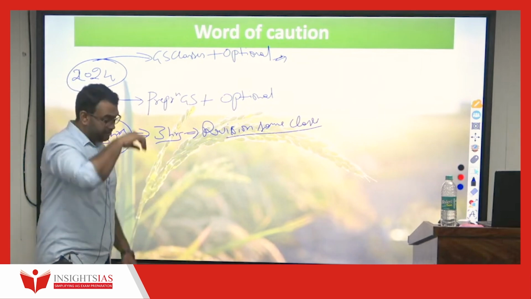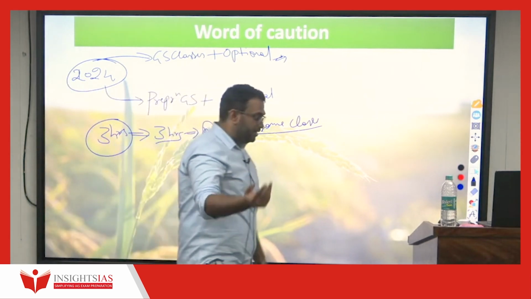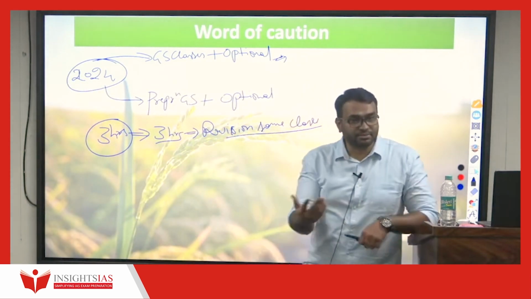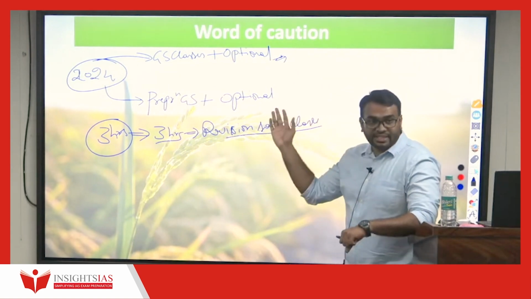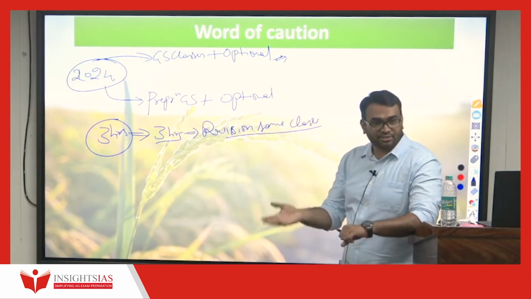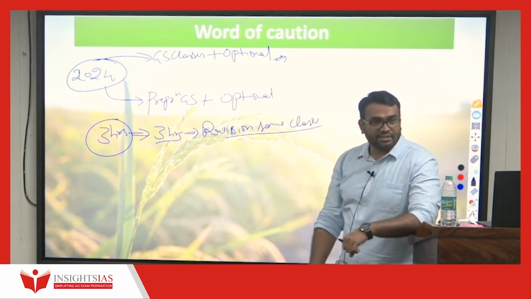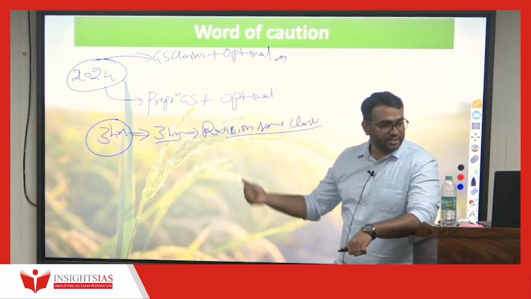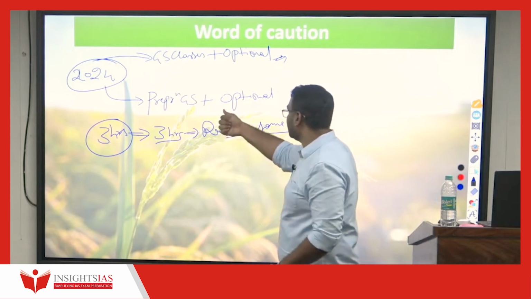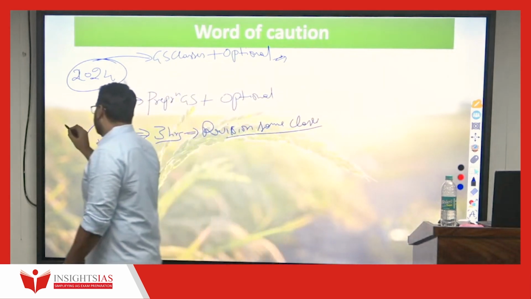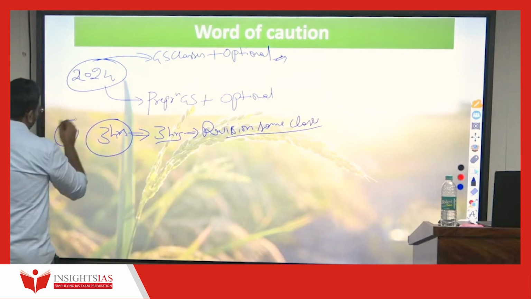So here the revision of the same class means, if at all modern history is done for you or some topic has been done, then the NCERT related to that, at least that has to be read on the same day, plus whatever things that I have been taught in the class, correct? So 3 hours of the class, 3 hours of the revision. So 6 hours is done, correct?